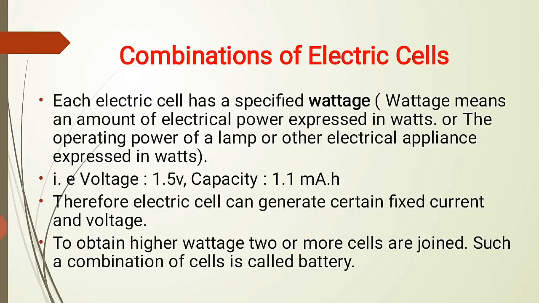We are going to define the wattage in two forms. An amount of electrical power expressed in watts is called wattage, or the operating power of any electrical appliance expressed in watts is called wattage. Each cell has 1.5 volts of voltage and a capacity of 1.1 milliampere per hour of current.